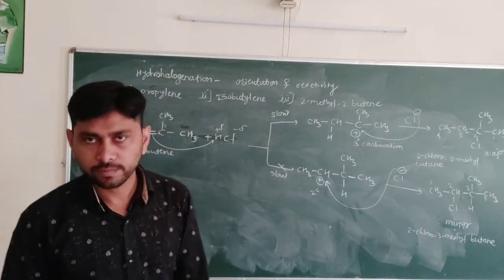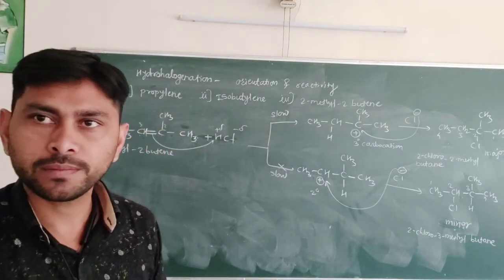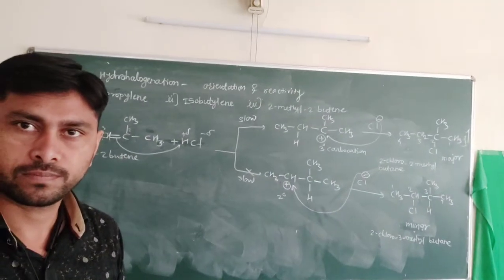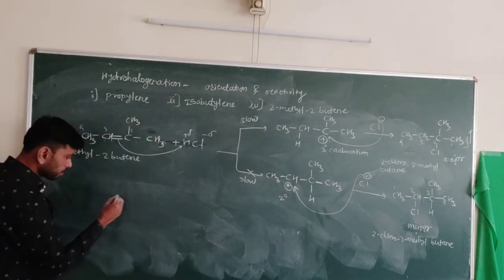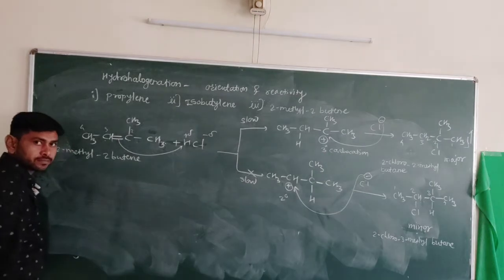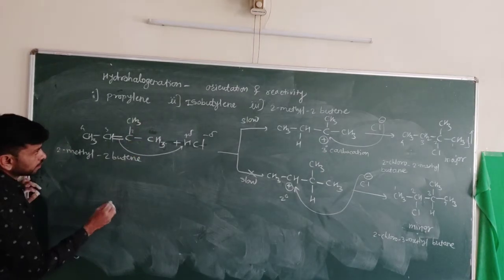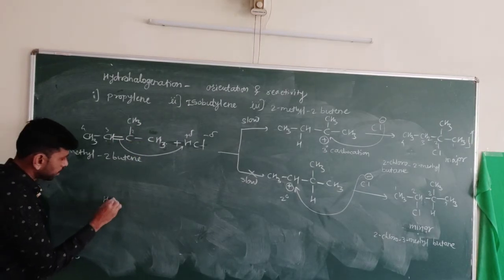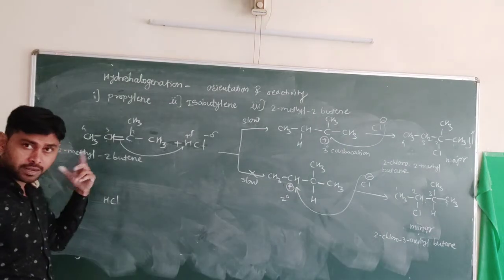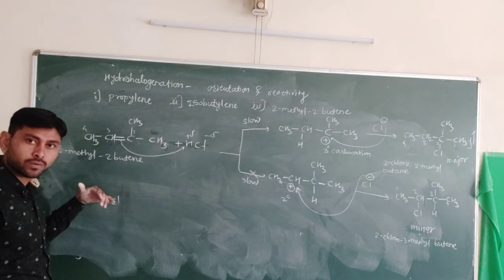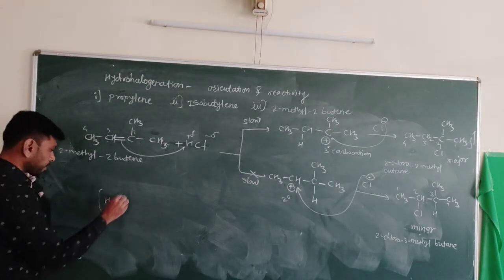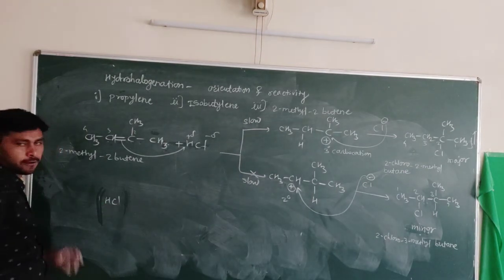Now a question may be on this topic. A possible question: in an addition of hydrogen chloride, whether it may be hydrogen bromide, or H2SO4, or HBr, any compound, but we have taken HCl here.